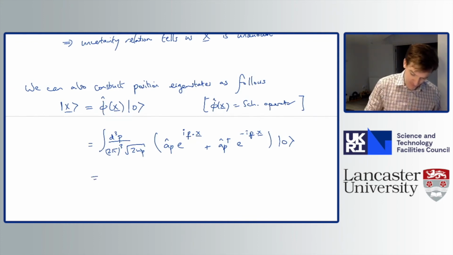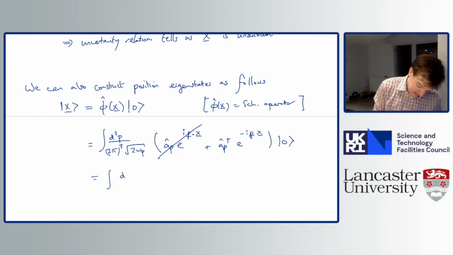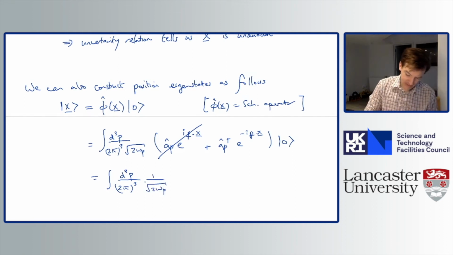By definition, AP on the state 0 is 0, so this term vanishes, and we're left with the integral d3p over 2 pi cubed, 1 over root 2 omega p, e to the minus i p dot x, and then the state AP dagger on 0.